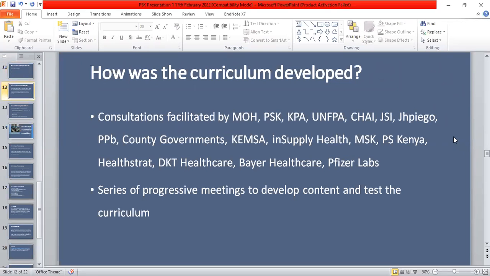So this curriculum was developed through consultations facilitated by the Ministry of Health, PSK, KPA, UNFPA, and all these organizations, PPP, county governments, and various pharmaceutical companies. I apologize if I missed out on any other contributors.